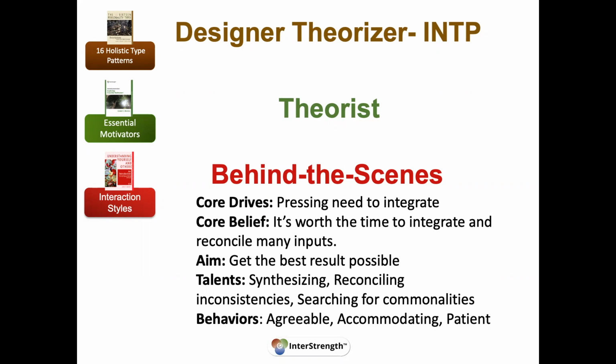The behaviors tend to be agreeable. Interestingly, for the designer theorizer pattern, we see agreeable behaviors and critiquing behaviors. So that can be kind of a shock when you start off with agreeableness and then suddenly feel like you've been critiqued. But it's just as it all comes together, sitting back, now you have a question.